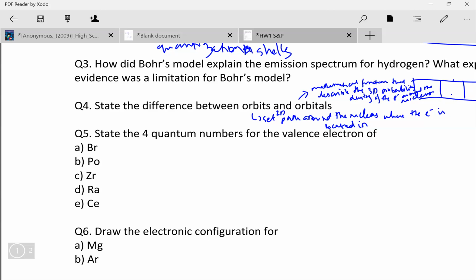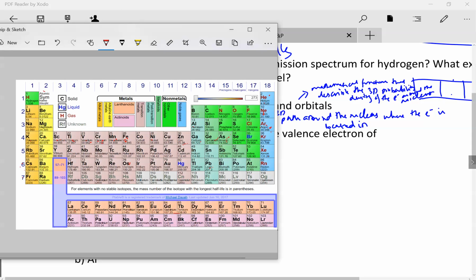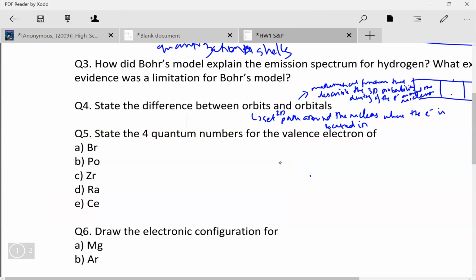State the 4 quantum numbers for the valence electron of Br. So let's take a look at Br. All you need to know is that Br would be a 4p5. So this p orbital is now looking like that.